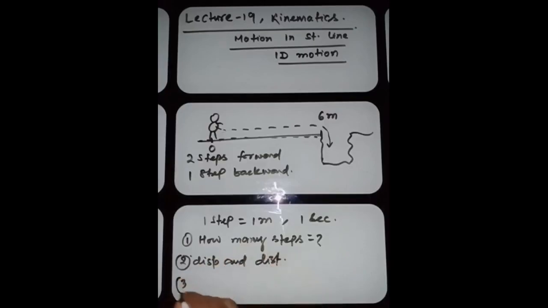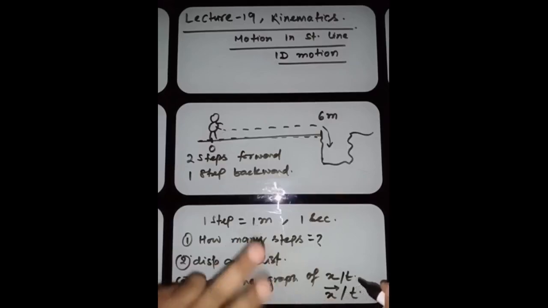And the third, you have to draw the graph of distance, suppose it is a scalar quantity, versus time, and displacement, a vector quantity, versus time. You have to draw the 2 graphs, one distance and time, the other displacement and time. Okay, so you have all of the questions written.